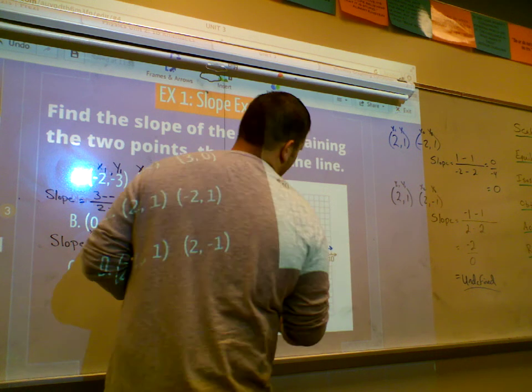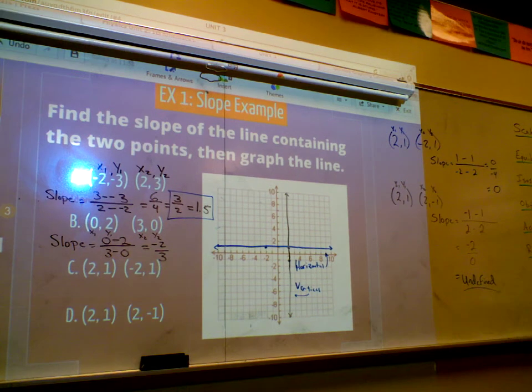Vertical. So if I have a slope of 0, that means my line is horizontal. If I have an undefined slope, my line is vertical. Otherwise, the slope is rise over run. Whatever the number on top is, that's how much you go up. Whatever the number on the bottom is, that's how much you go over.